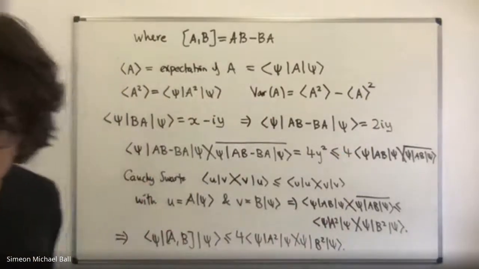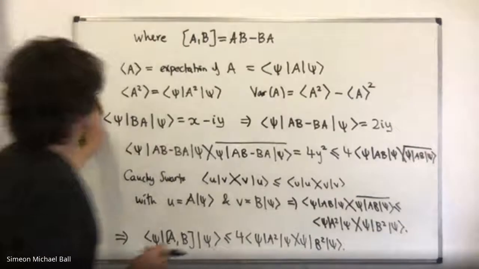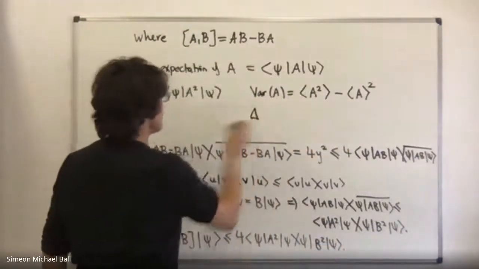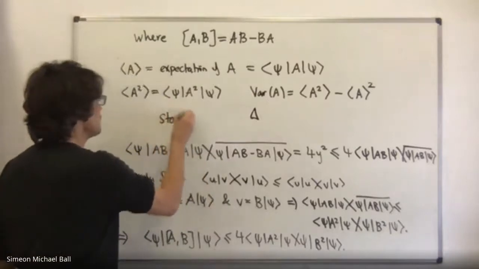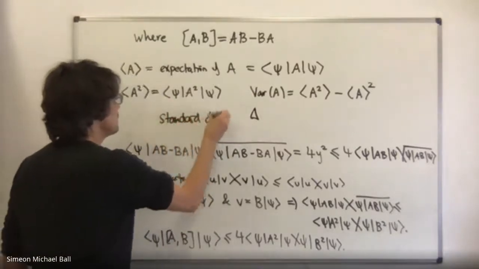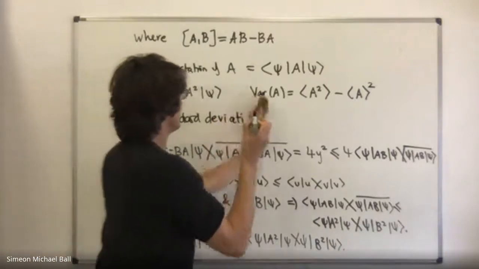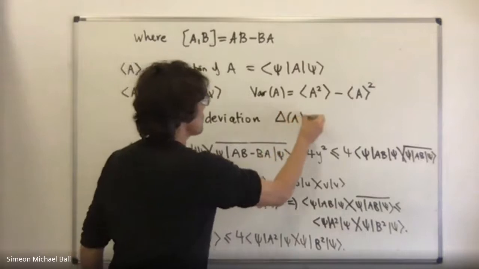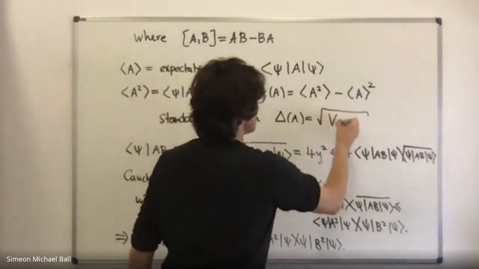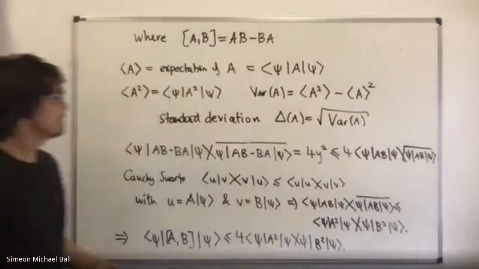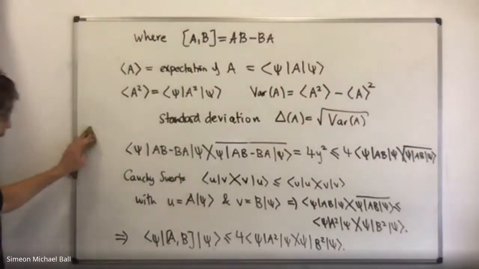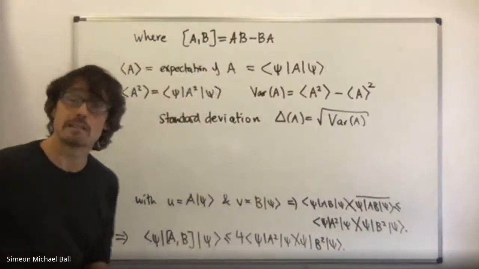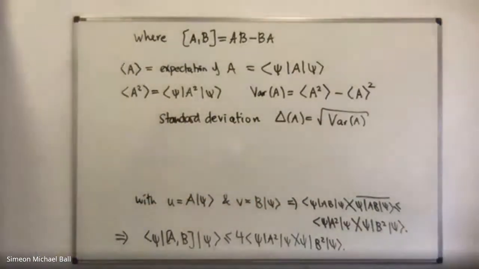And the standard deviation of a random variable, well, of course, we're still using all the same. And the standard deviation is the square root of the variance. Okay, so what we're going to do is turn this inequality down here into an inequality of the standard deviation of these two measurements.